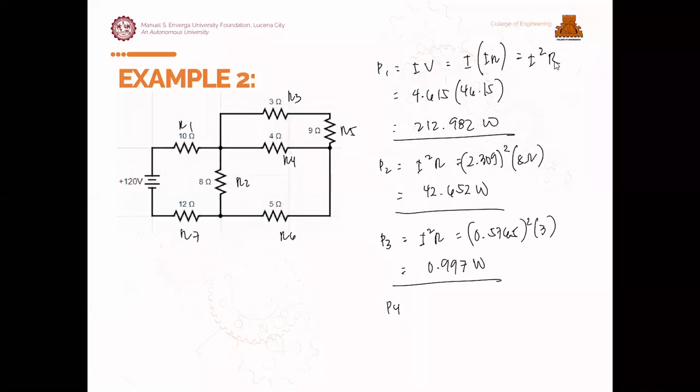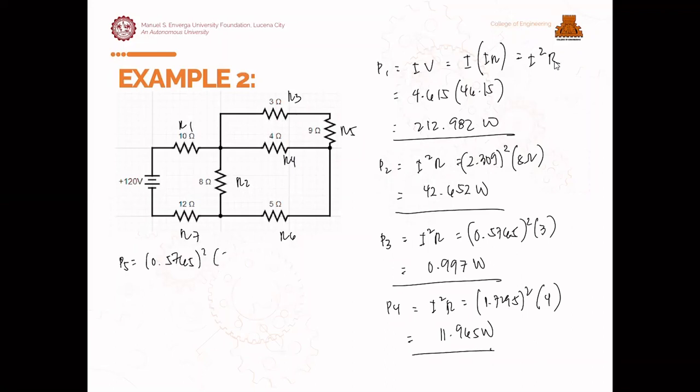I squared R, so this will be 1.7295 squared times 4 is equals to 11.965 watts. Then P5 will be same current ng 0.5765 squared times 9. We have 2.991 watts.